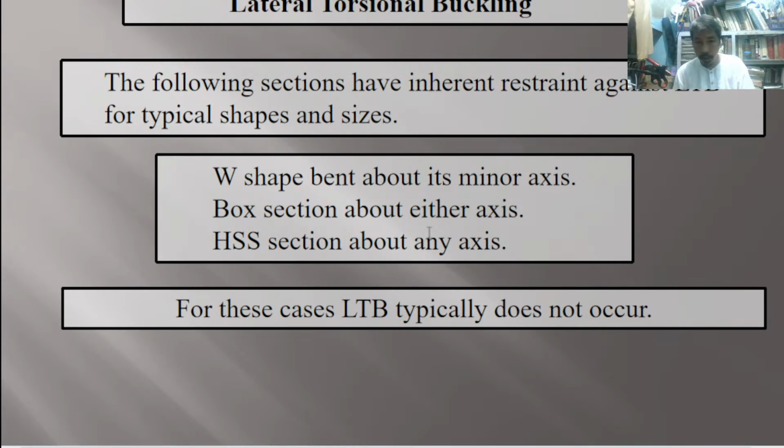So, for these cases, lateral torsional buckling typically does not occur. So, if it does not occur here, those at risk are not listed here.